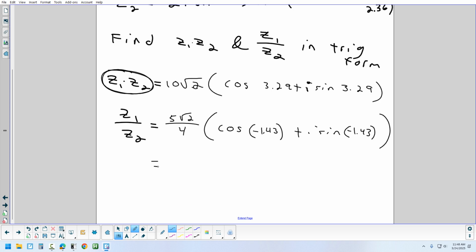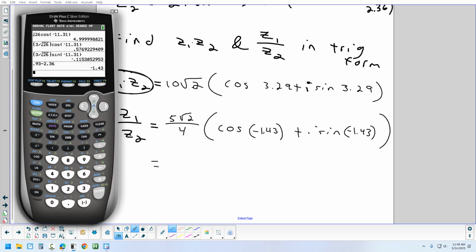If they don't say anything about leaving a negative angle, then that answer's fine. If they say not to, then that answer is not fine. What's one thing you can do to make a negative angle positive? Add 360 if you're in degrees, or add 2 pi if you're in radians.